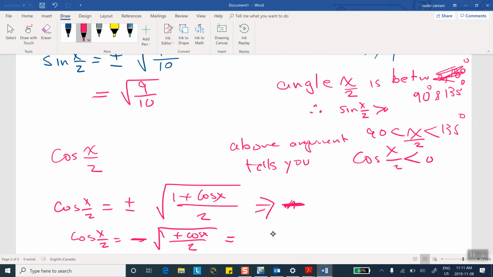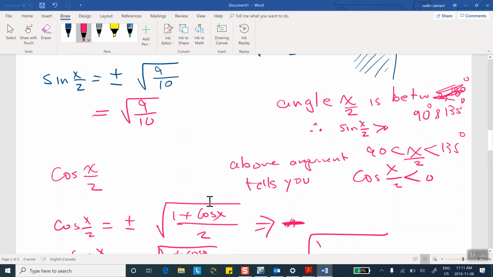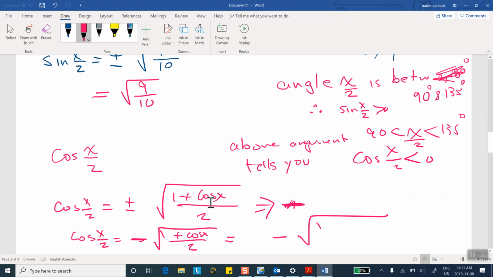Now let's plug in whatever is given to you. Cosine of x was given as, the problem says, where is the problem? That particular problem, which problem was that?